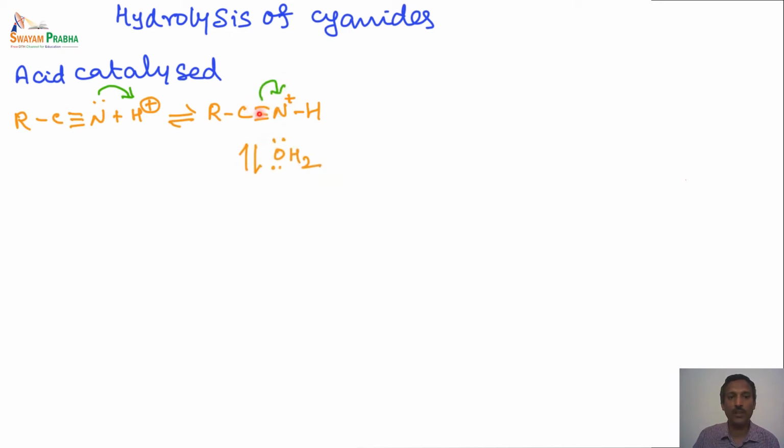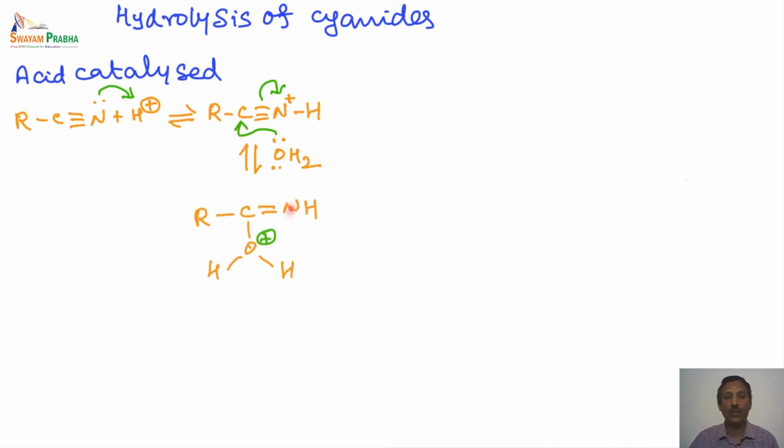The C triple bond and one of the pi electrons are pulled towards the nitrogen, and now this carbon becomes electron deficient. To compensate, a lone pair from the oxygen is given to the carbon, and we end up with this particular intermediate.